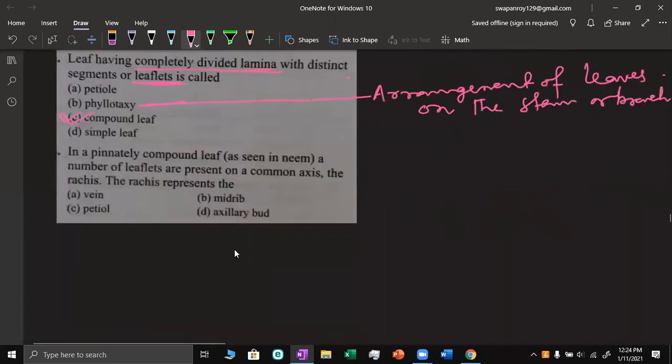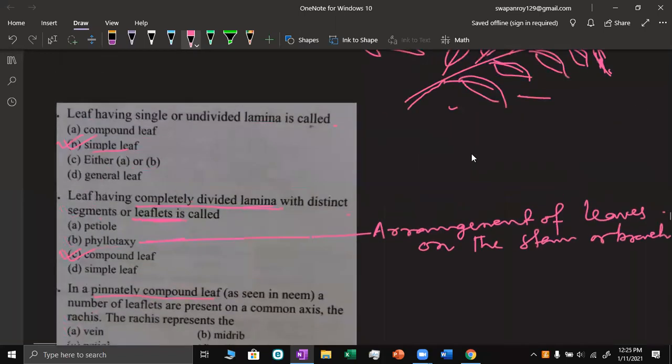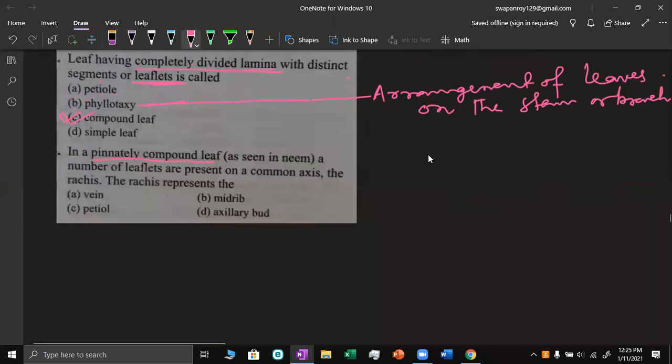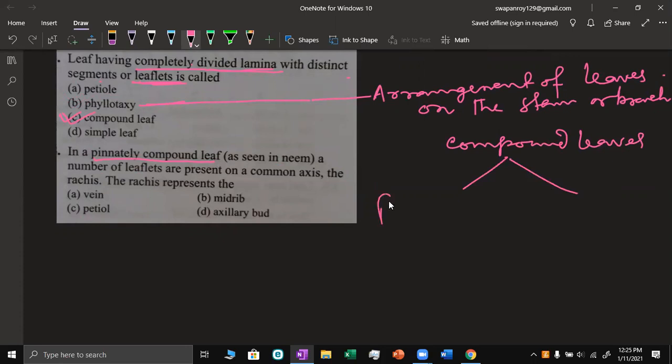Next question is, in a pinnately compound leaf. This is compound leaf, again two types. One is pinnately compound, pinnate, and another one is palmate.